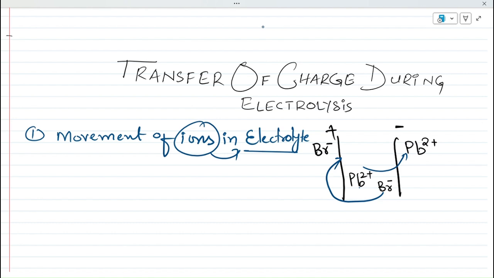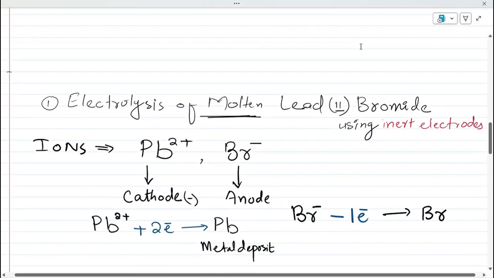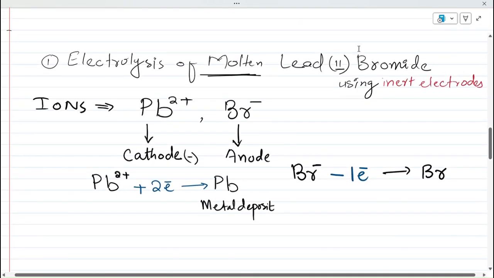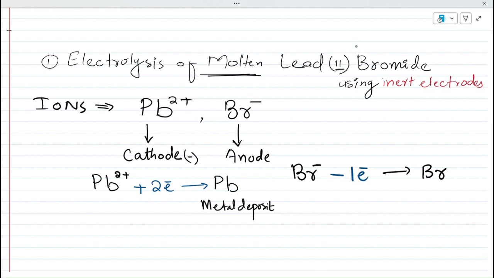Secondly, if we talk about the loss or the gain of electrons, in this example lead metal, a positive metal ion, gains electrons from the cathode. So at the cathode there is a gain of electrons, and at the anode there is a loss of electrons.